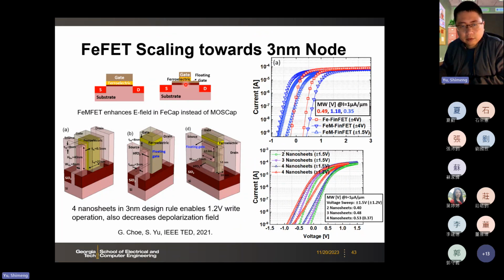Then due to this so-called cap area ratio, we can make sure most of the voltage drops on the ferro instead of the MOS stack underneath. So this could improve the write efficiency. Therefore, we predict that at 3 nanometer node, we can write the 4 nanosheet with only 1.2 volts programming voltage.